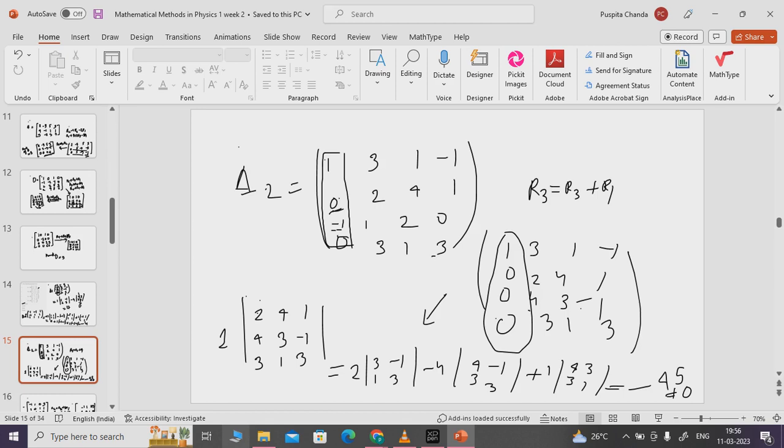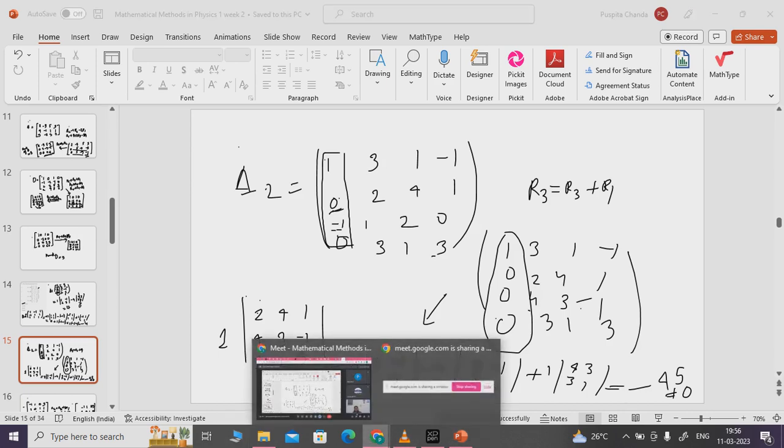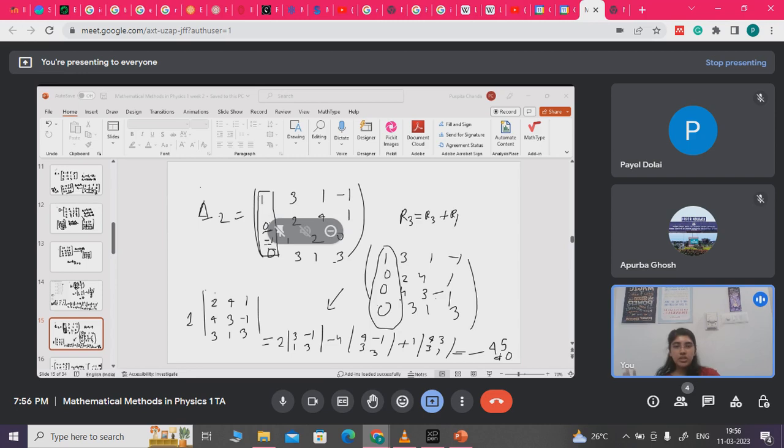But when you have a full 4 by 4 determinant and you do conventional determinant expansion, it will take you more time. Then follow the method that in one row or one column, make all those things 0, and then follow the procedure to expand the 3 by 3 determinant. Am I understandable?